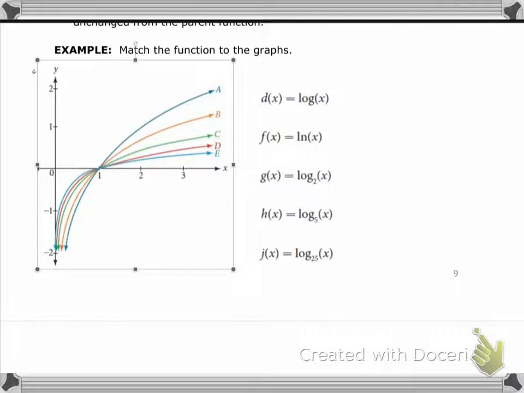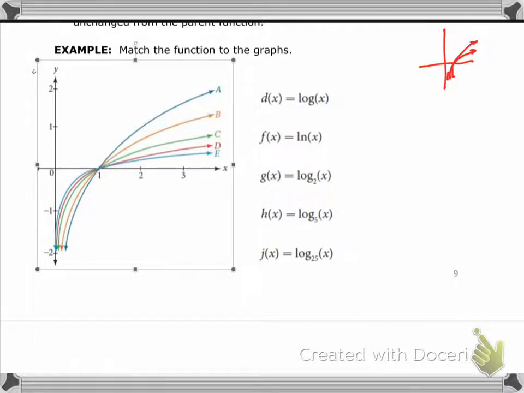And we determined that a smaller base on a log means it increases faster. So you remember it looks something like this. There was one there, there was one there, something like that.